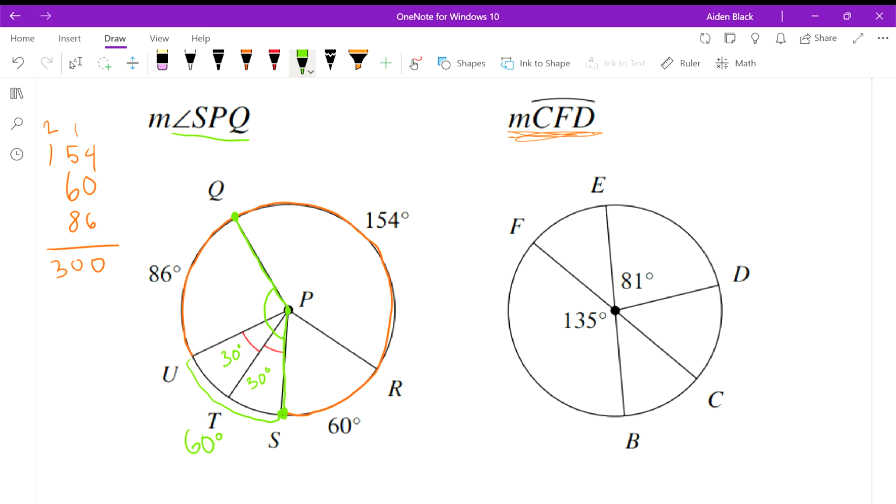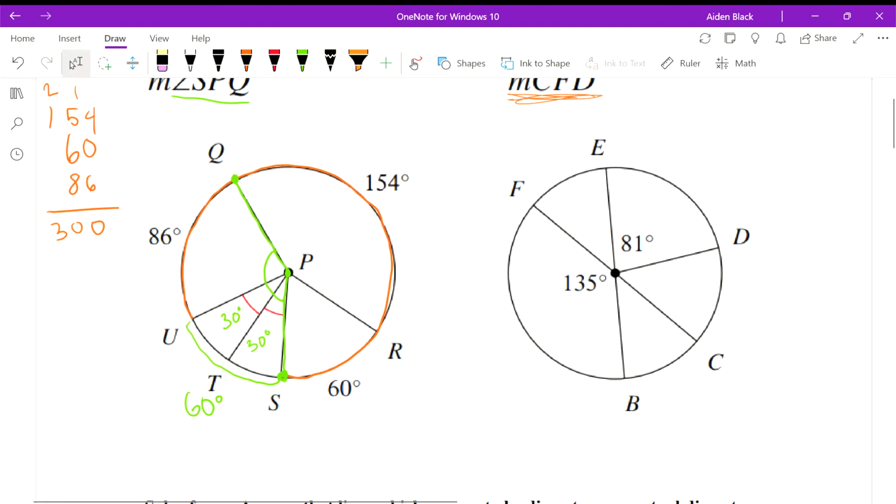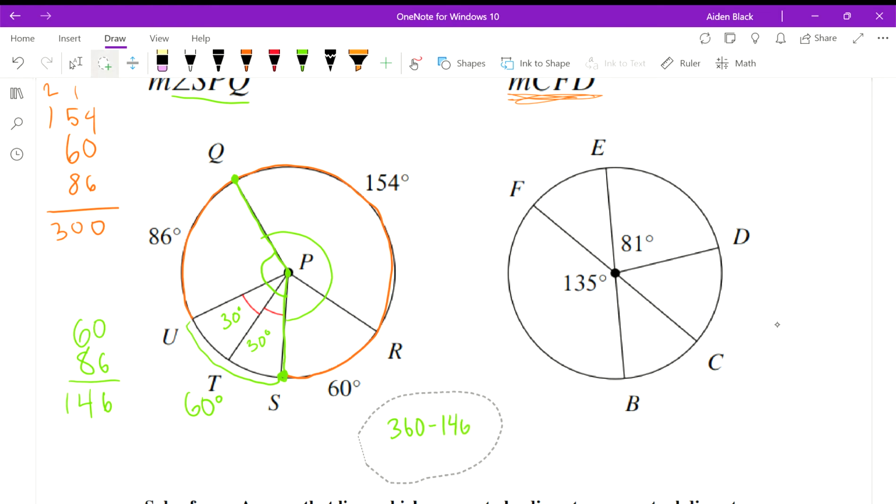Because the remainder of the other makes 360 degrees. So this measure here is what we're looking for. So it's just 60 plus 86, which is 146. And like I said, if you know that one, you know this one here. It's 360 minus 146. Okay.